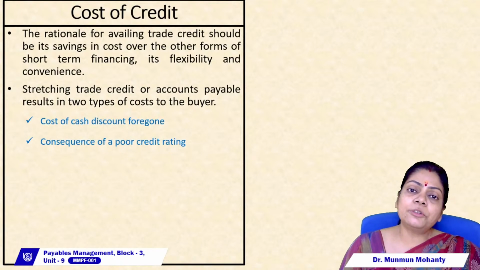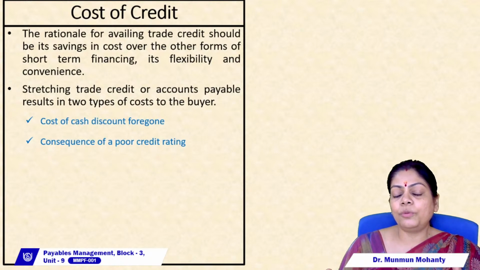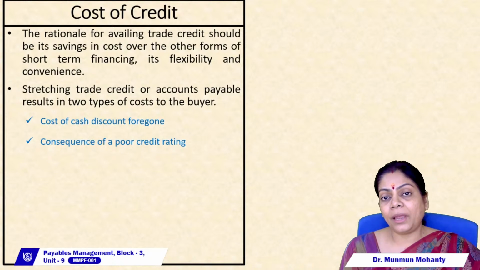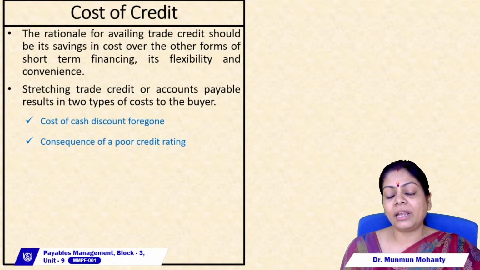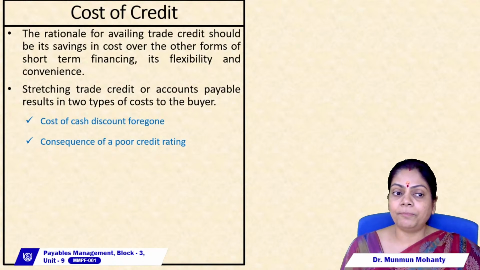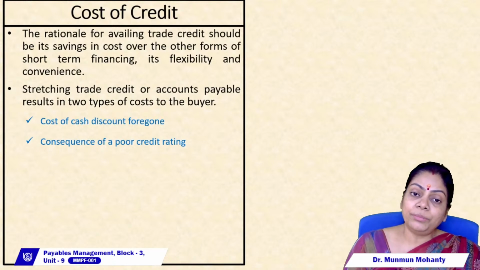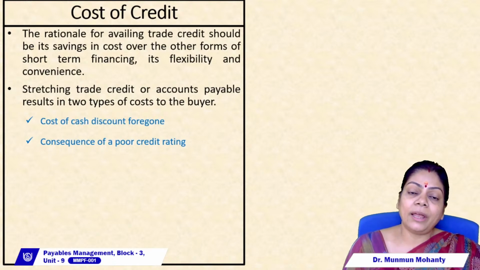If the bank gives me a loan at a much lower rate, then I have no motivation to stretch your payment and pay a higher interest rate, when I can get a loan at a very low rate and finance my payable. So that is the call that the buyer will take.